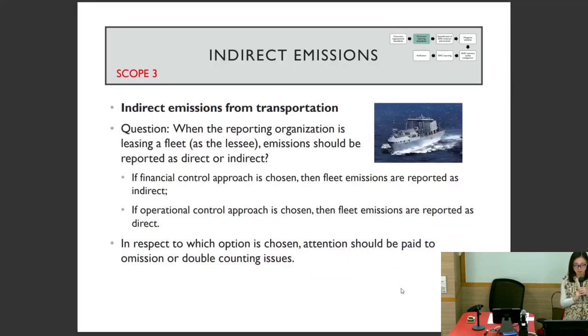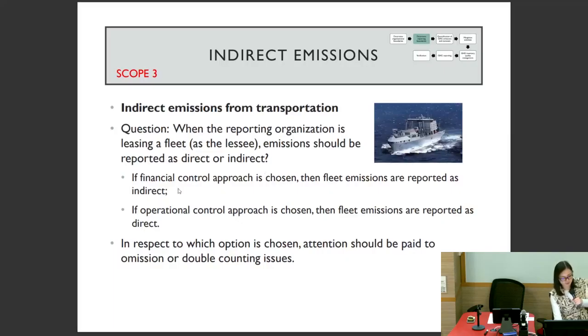Okay, a question. When the reporting organization is leasing a fleet as a lessee, so that organization rents a ship, should the emissions be reported as direct or indirect?